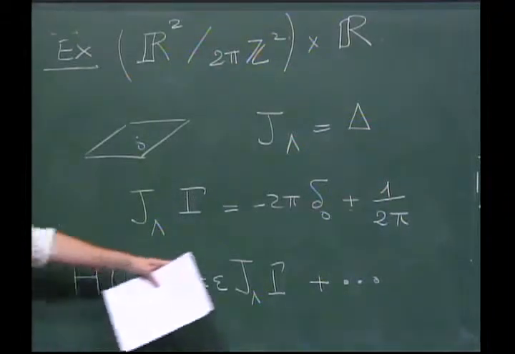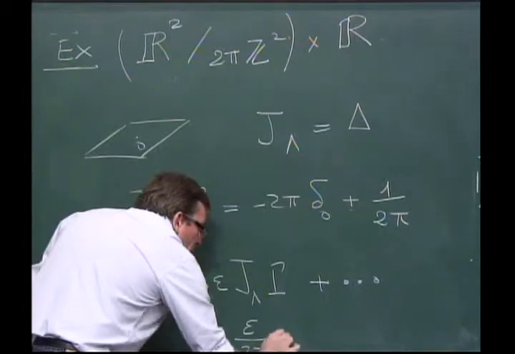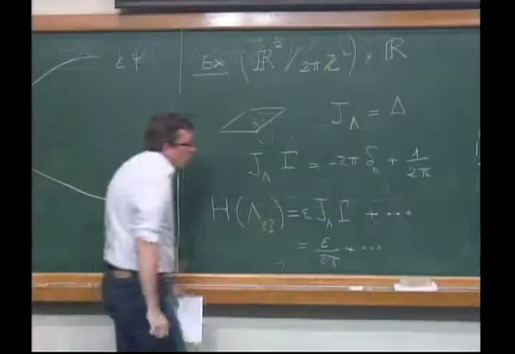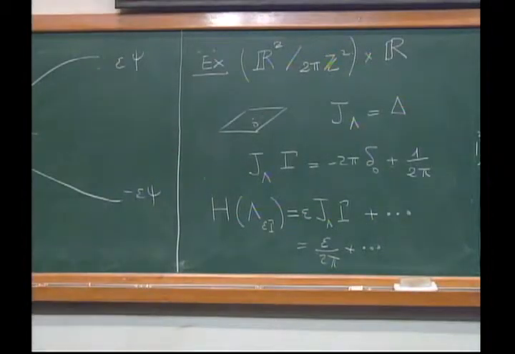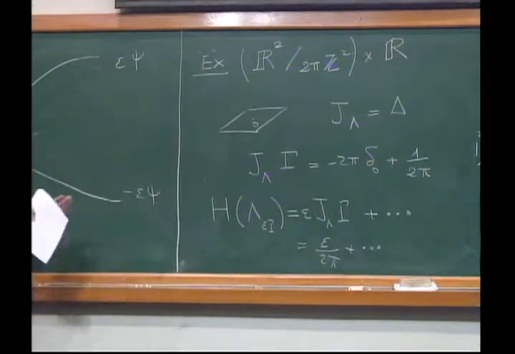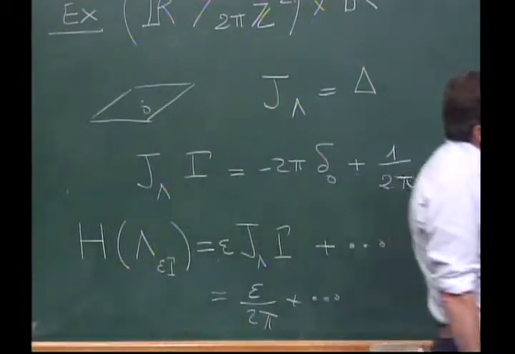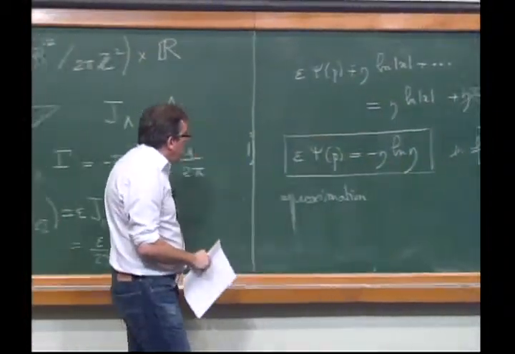And you see here that what you get is epsilon divided by 2 pi plus higher order terms. So immediately you see that the graph of epsilon times gamma does not tend to produce a minimal surface, but already tends to produce a surface whose mean curvature is almost constant. And starting from this, you can then insert the catenoid, and then you can do the perturbation, and everything goes well.